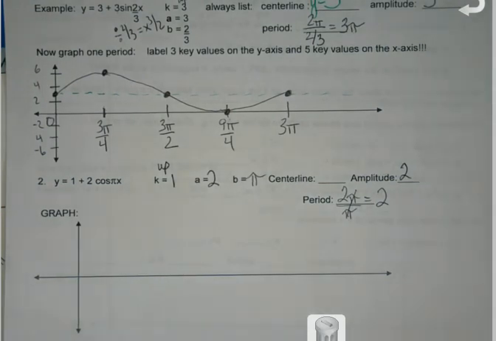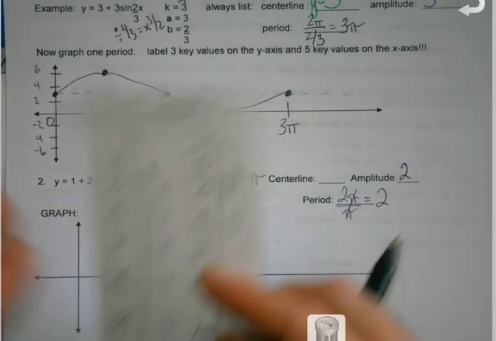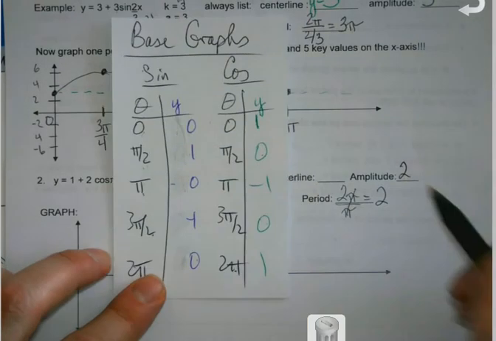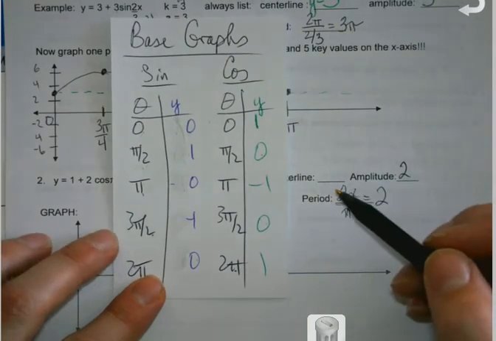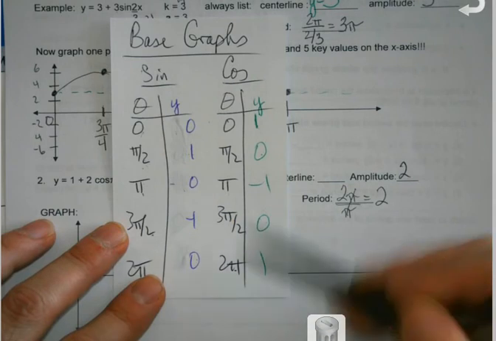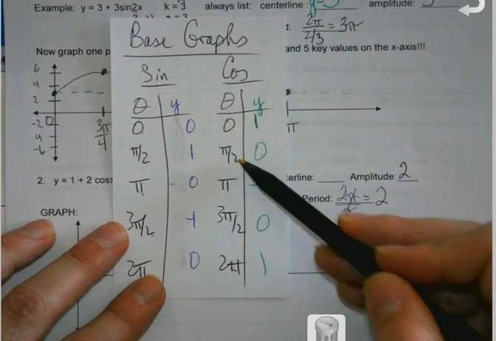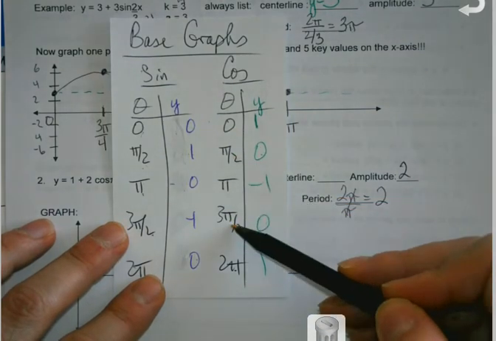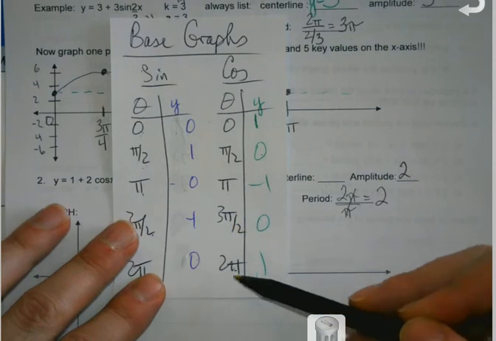Okay, but think about this for a minute. If you take all of your base values that you have on either of these and you divide them by pi, all that's going to happen is the pi is going to disappear and be left with a 1. So 0, 1/2, 1, 1.5, or 3/2, and 2.